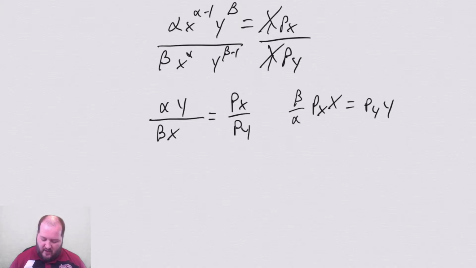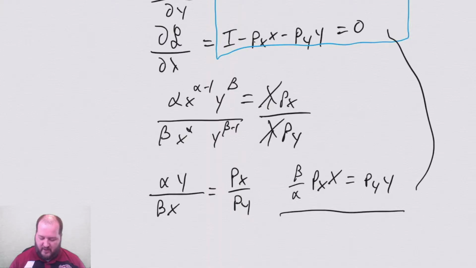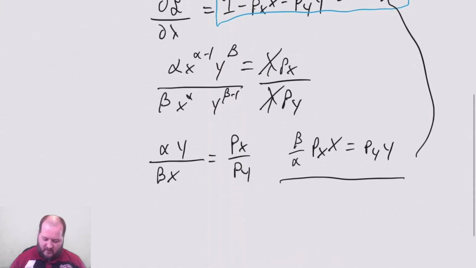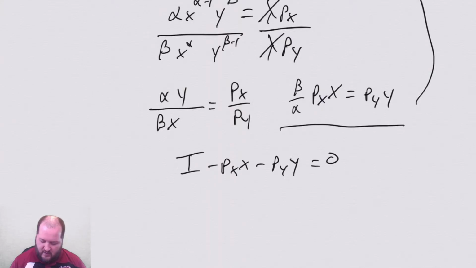All right, so now that I have a tangency condition, I can combine that back with my budget constraint and I can get our solution. So let's write that again right here. I have I minus PXX minus PYY equals 0. Let's plug in this PYY right here.